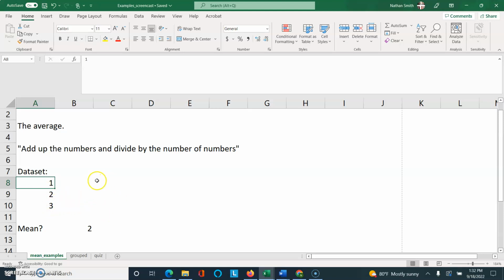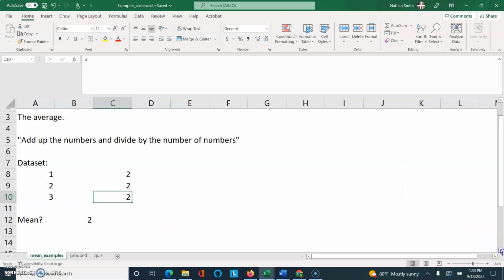Now suppose instead I replace the 1 by the 2, which is the mean, and the 3 by the 2, and I sum it up, I get 2 plus 2 plus 2 is 6. So again, my sum is the same. That's why we can say that the mean is the representative or the average value.